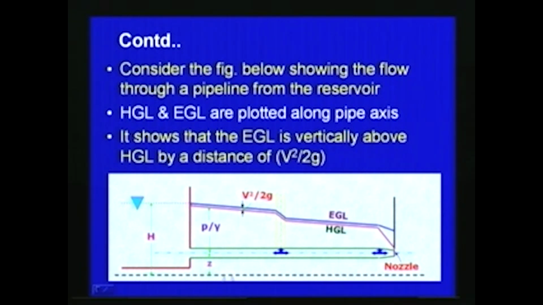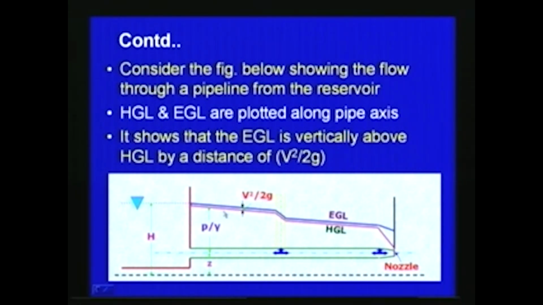If this is the datum, then you can see that the total head available with respect to the datum is H at this reservoir, and then we can find out P by gamma and then P by gamma plus Z. This red line here will be the hydraulic gradient line, and then if you add the V square by 2g, which is the velocity head, V square by 2g.